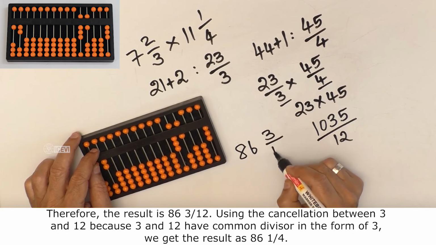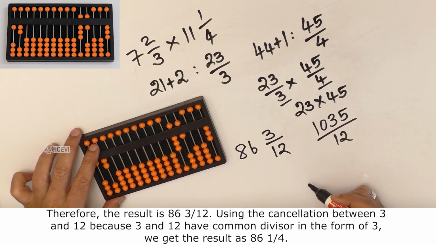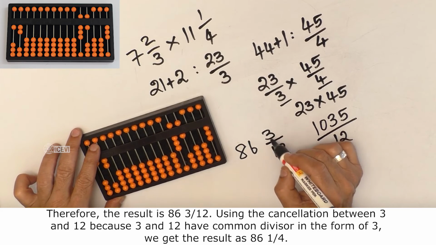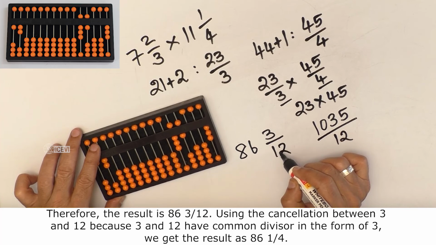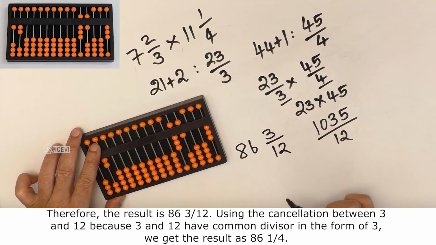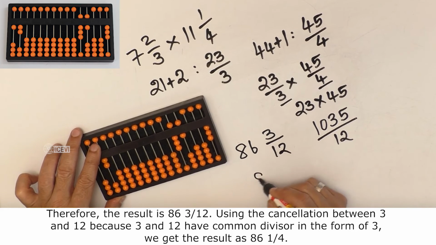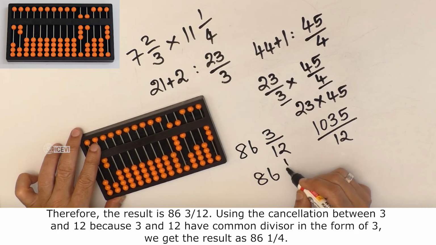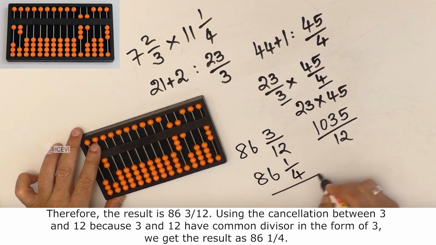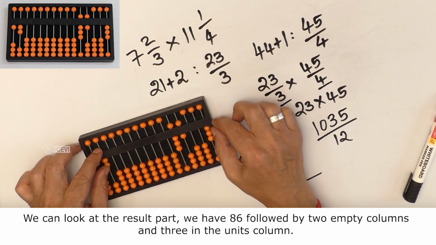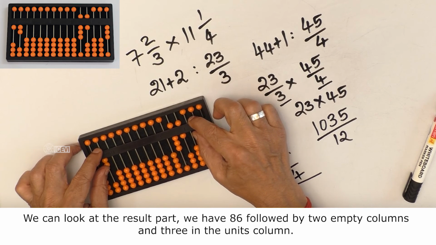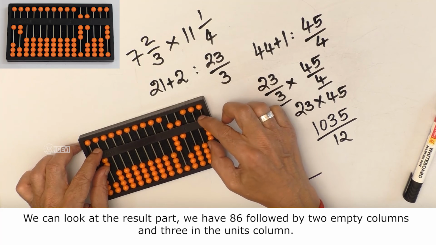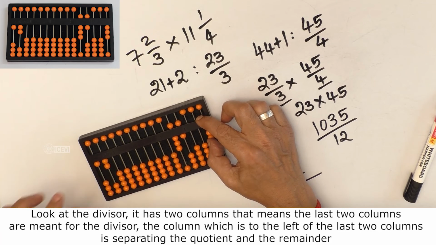3 by 12. Using the cancellation between 3 and 12, because 3 and 12 have a common divisor of 3, we get the result as 86 1 by 4. We can look at the results part. We have 86 followed by 2 empty columns and 3 in the units column. Now look at the divisor.